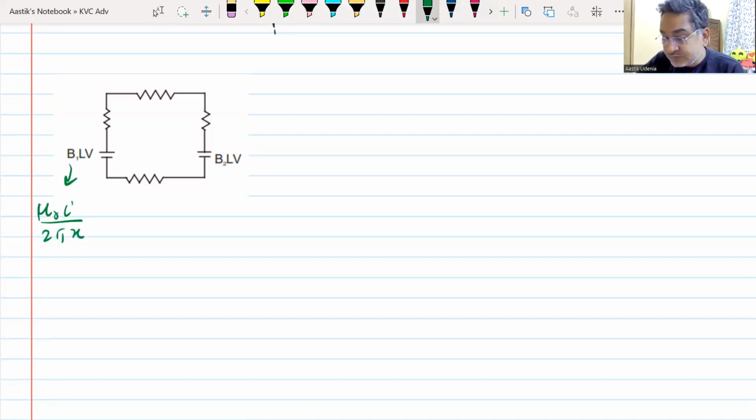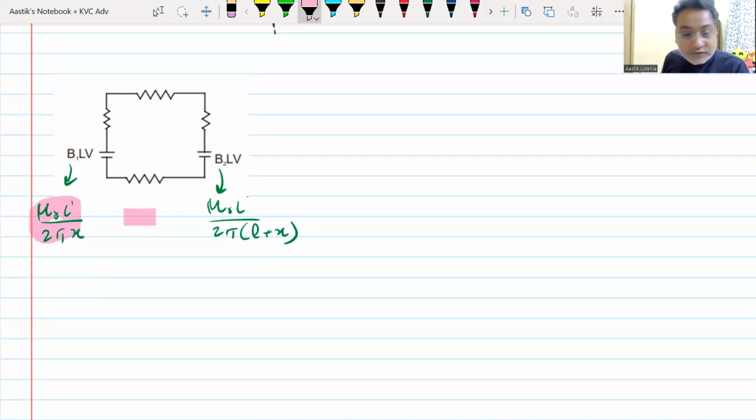Yes, sir. And for this wire, the magnetic field is mu naught I by 2 pi into (L plus x). Yes or no? Which field is more? This field is more. So you have to subtract the other field from this field and you will get your answer. I think the answer that you are going to get is how much?